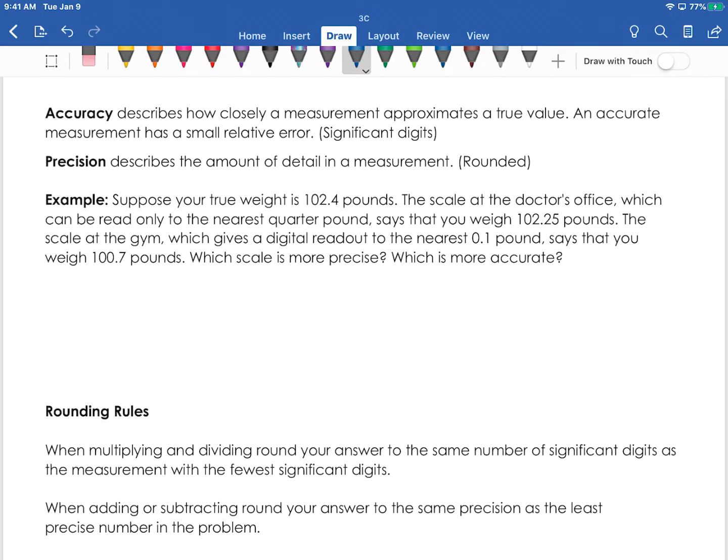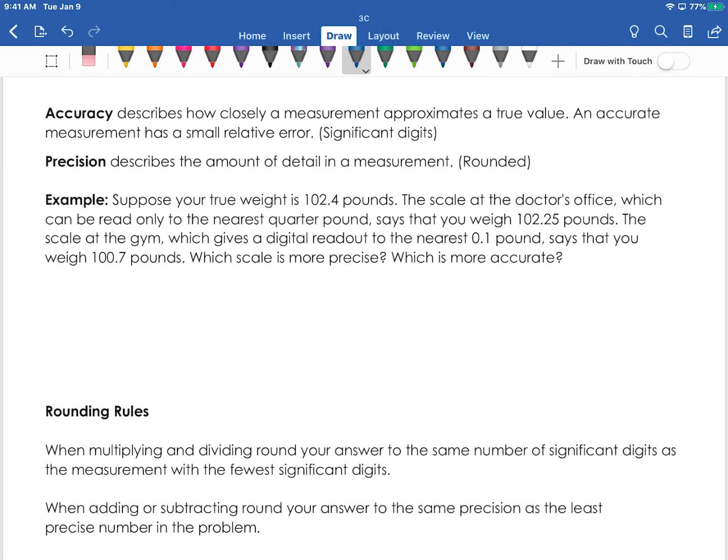Then when you go to the gym, it gives you a digital readout, and the gym's digital scale weighs you to the nearest 0.1 pound, or a tenth of a pound, and it says you weigh 100.7 pounds. Which scale is more precise and which scale is more accurate? Remember, accuracy tells us how close we are to the true value.